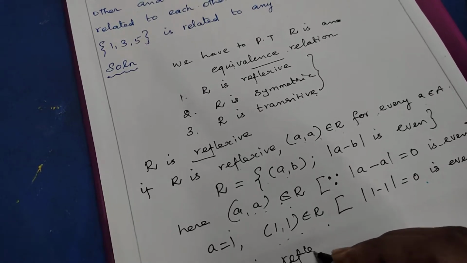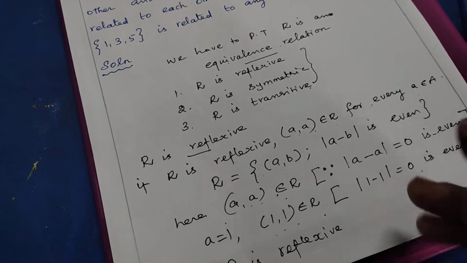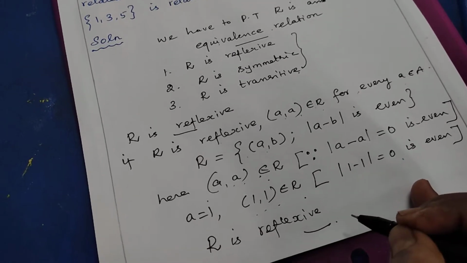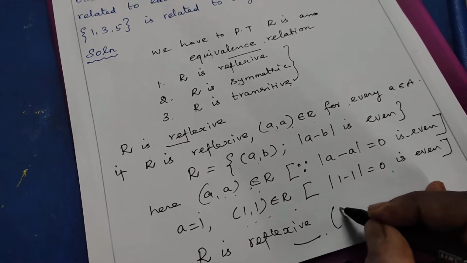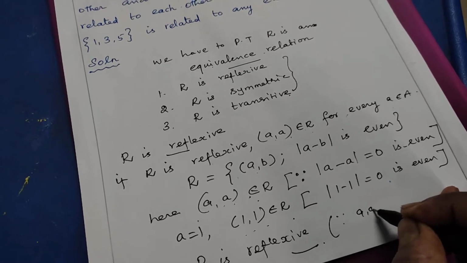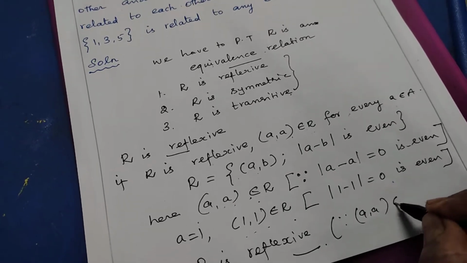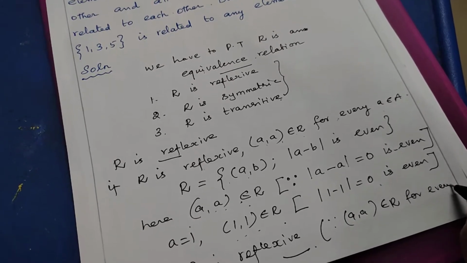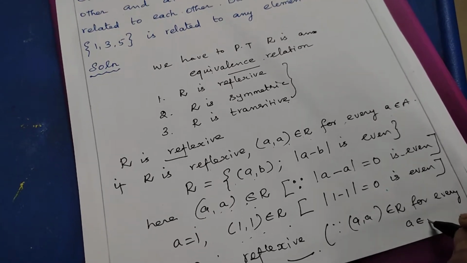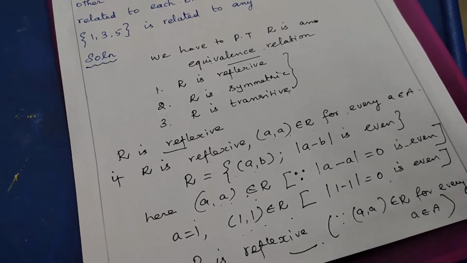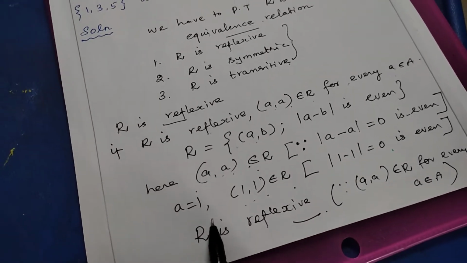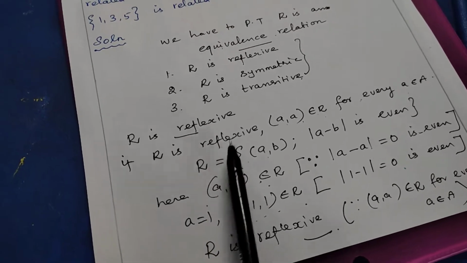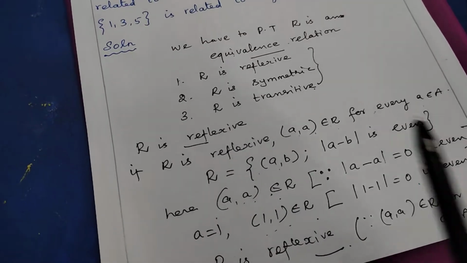This is the reflexive condition: (a, a) belongs to R for every a belonging to the given set. Now we proved here R is reflexive. Then next one is R is symmetric.